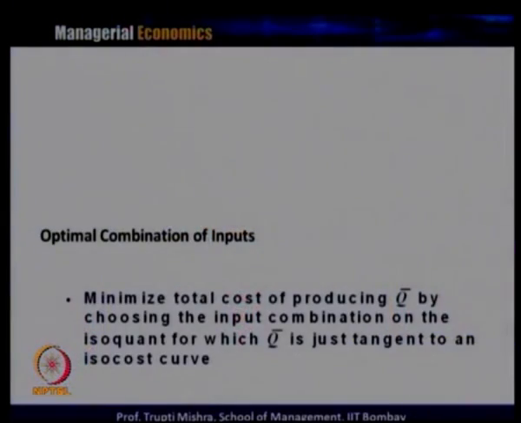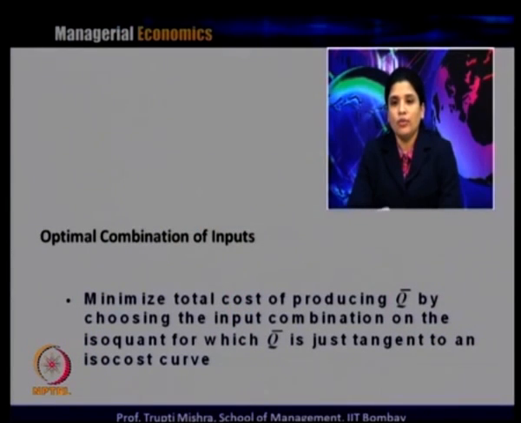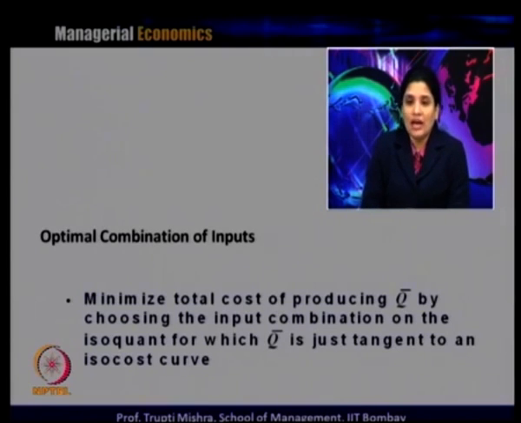Now, what is an optimal input combination? This minimizes the total cost of producing Q by choosing the input combination on the isoquant for which Q is just tangent to the isocost curve. So, Q is the level of output which is given, and the optimal combination of inputs minimizes the total cost of producing Q. And how do they do this?